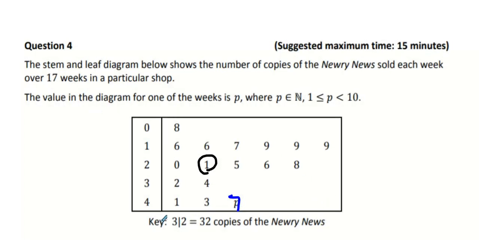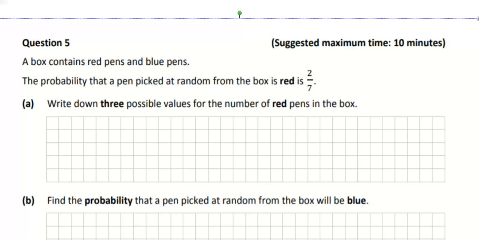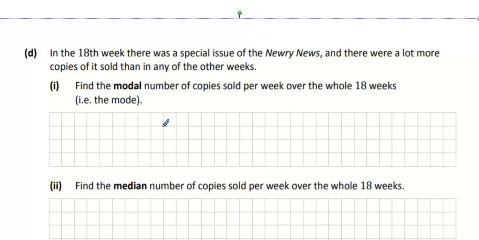So let's say 49. 49 was week 18, just for argument's sake, and that was more copies than they sold in any other week. It's no big deal. So what's going to happen is the mode will stay the same because it has to be bigger than 47. So the mode remains unchanged. Okay, so still 19 copies.